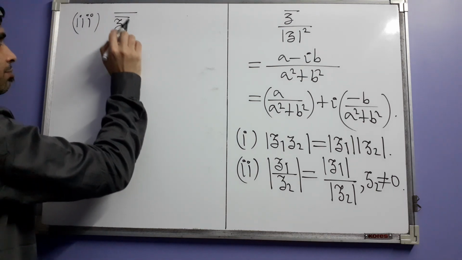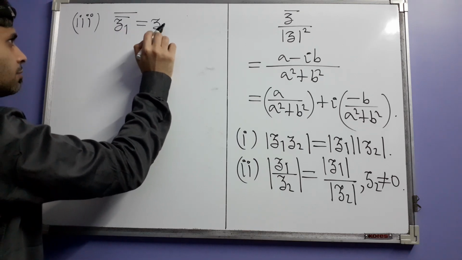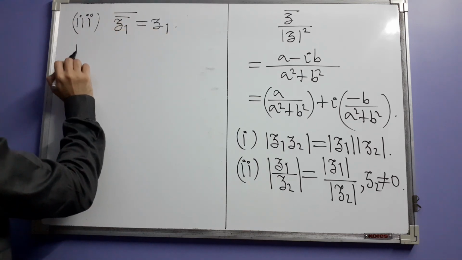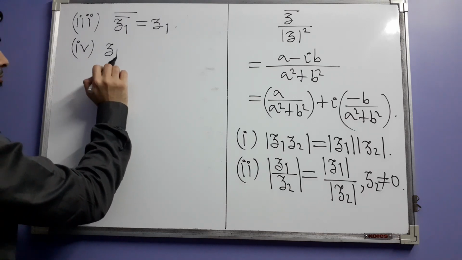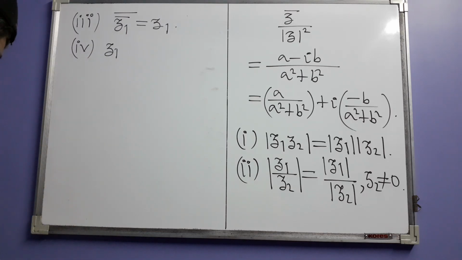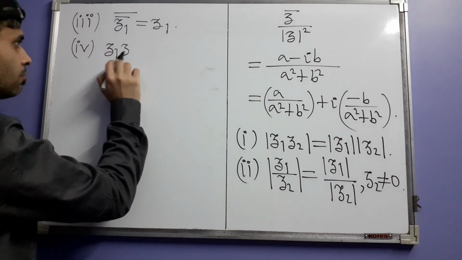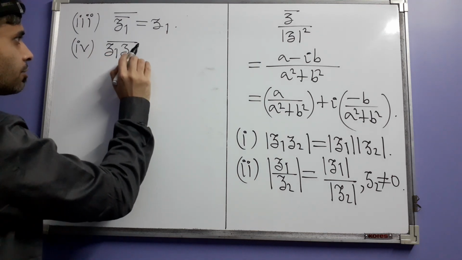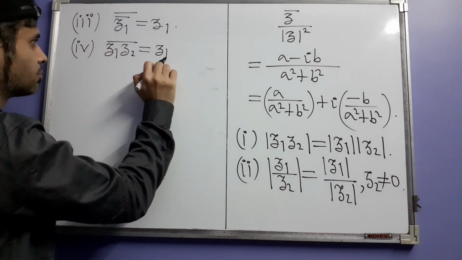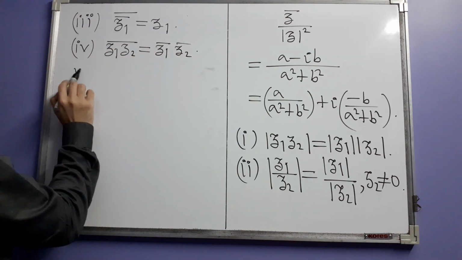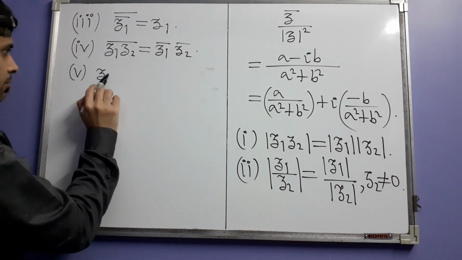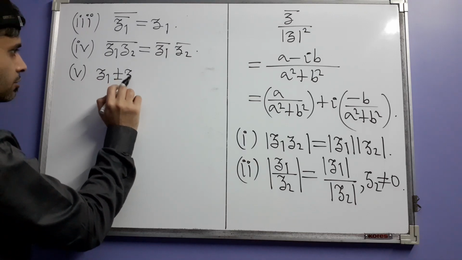If you take the complex conjugate 2 times, you get back the original complex number. Then the complex conjugate of a product is equal to the product of the complex conjugates.